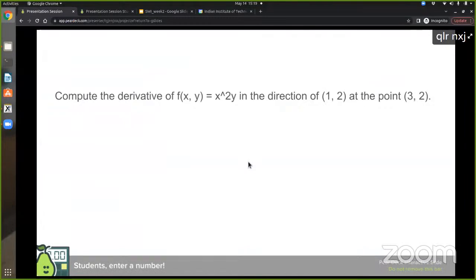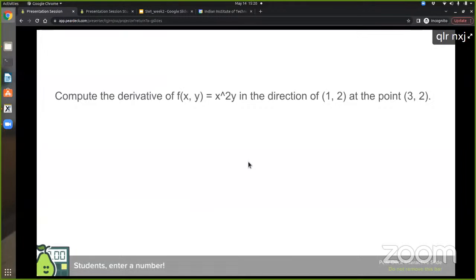You have to find the derivative of a function in a given direction. Whenever you are given a direction, you have to make sure that it is a unit vector. If it is not a unit vector, first convert it into a unit vector by dividing it by the magnitude of that vector. So 1 comma 2 is the vector, which is not a unit vector, so convert it into that form.